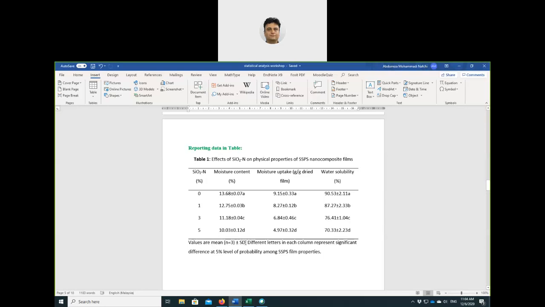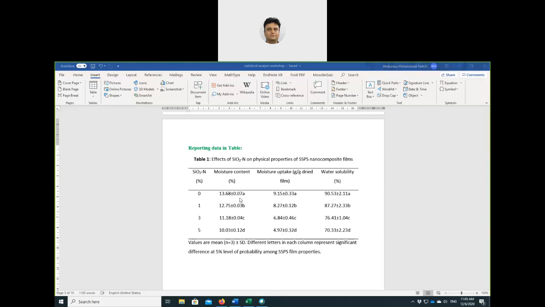This first part is the descriptive statistic, and this other part is inferential. I will describe it later. Make sure that the number of digits matches: if you report 10.0 with one decimal, the standard deviation should have the same number of digits.